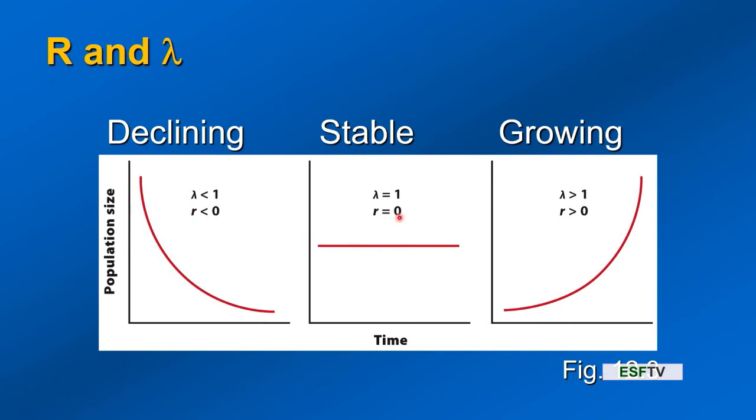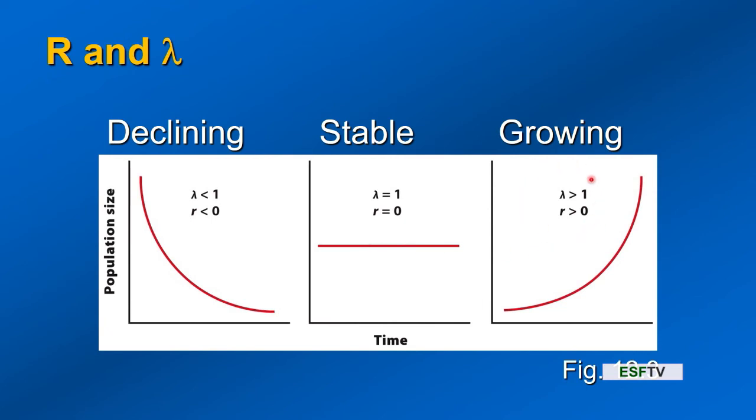Note that the intrinsic rate of increase is 0 when there's a stable population. There is no growth, there's no decline, and it's a flat line. Rate of increase is 0. It's not positive, it's not negative. Lambda is 1. You're just multiplying 1 back on itself. So if it's 1,000 individuals, multiply it by 1, it's going to be 1,000 individuals next time, right?